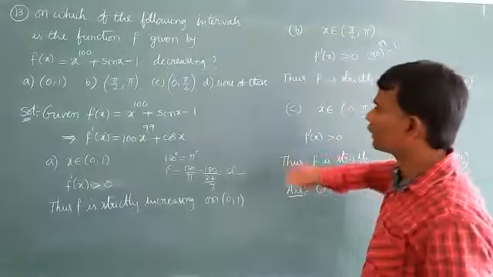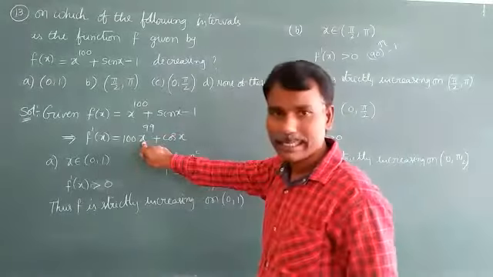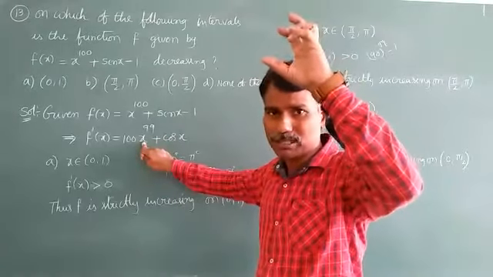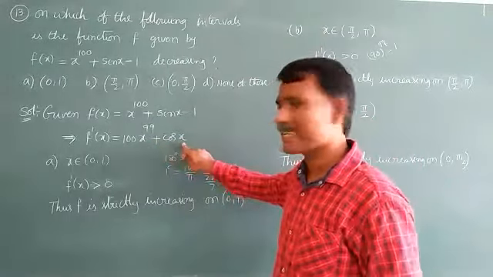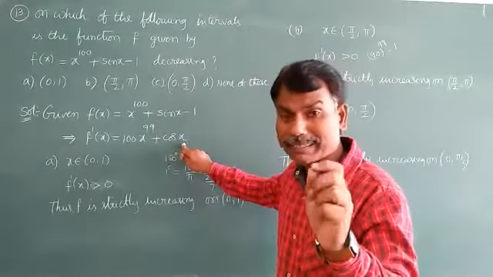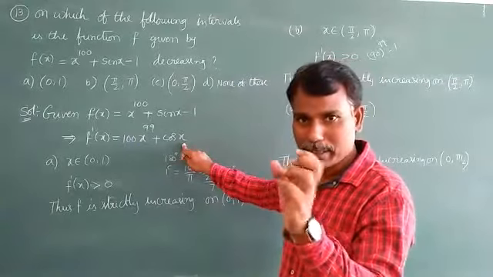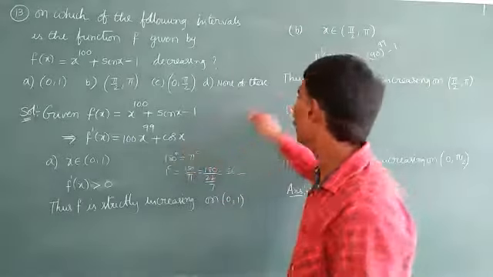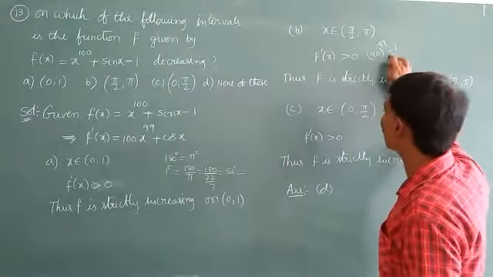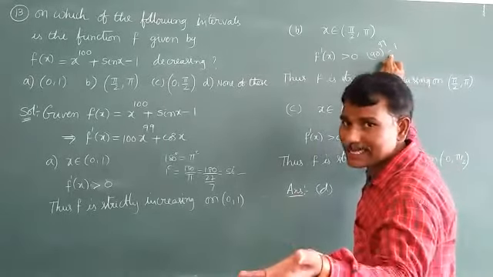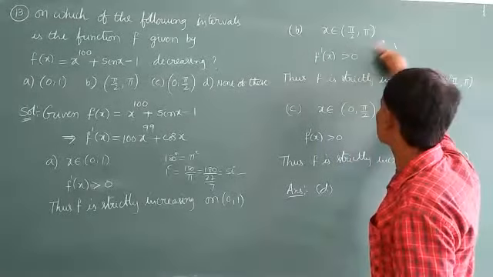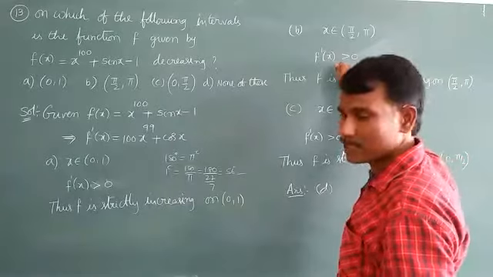The real number keeping in the x place gives a big value. And cos x in the second quadrant is negative only. But the range of cos x is -1 to 1. That means maybe the highest negative value is -1. If you remove the highest value from this, the remaining result is positive only. That's why it is greater than 0.